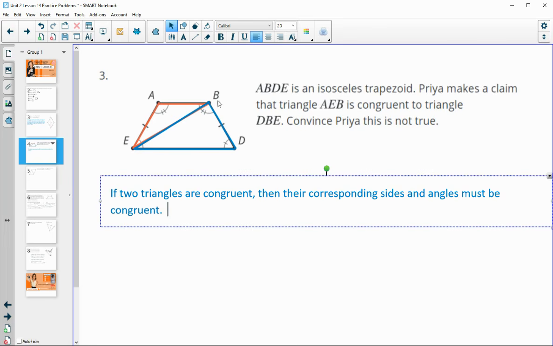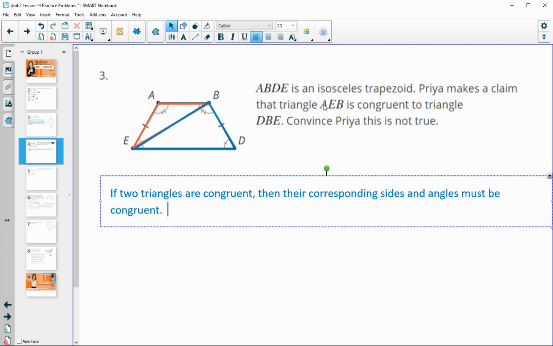And in this case, she has side AE and DB marked together in the statement, and those are congruent, so that's not going to help us. EB and BE are the same as well. And then AB, so the first and last, so side AB and DE should be the same, and they aren't, so you could talk about that.